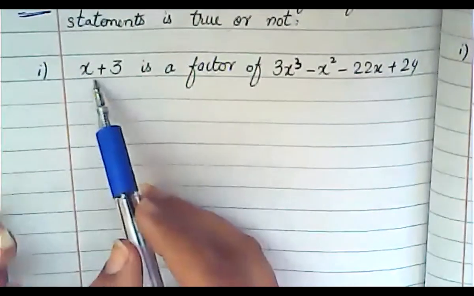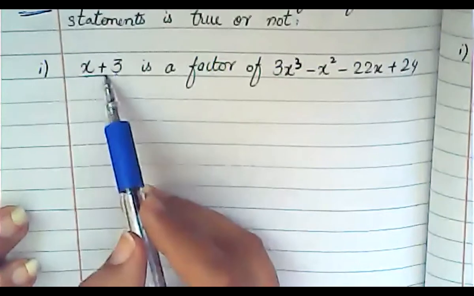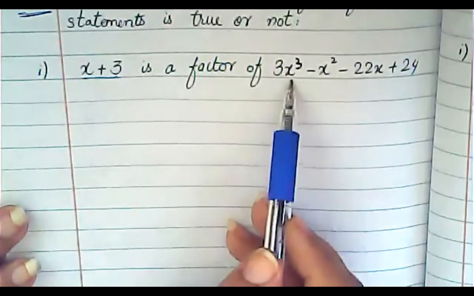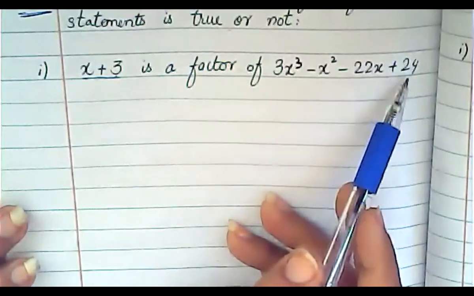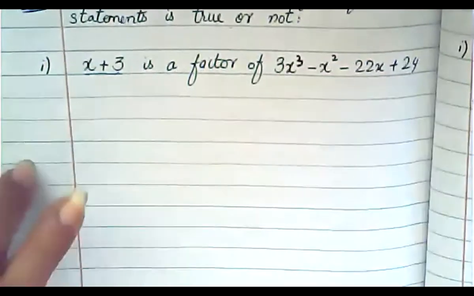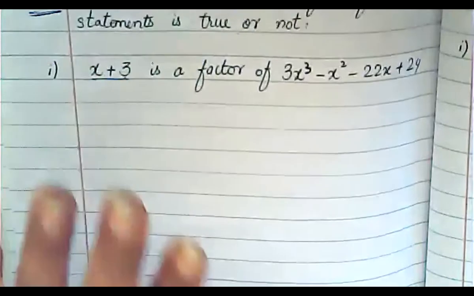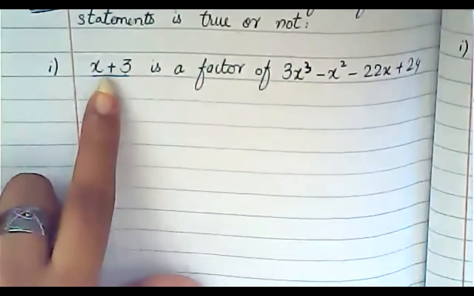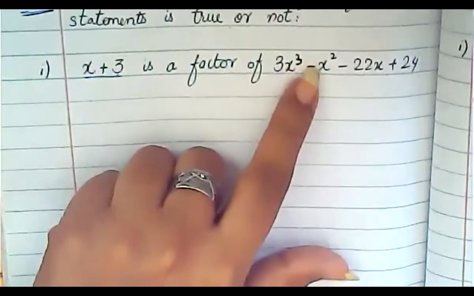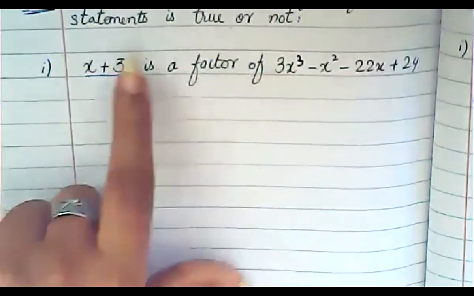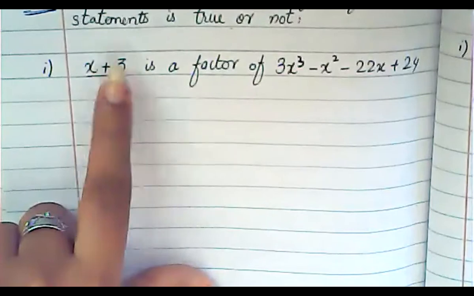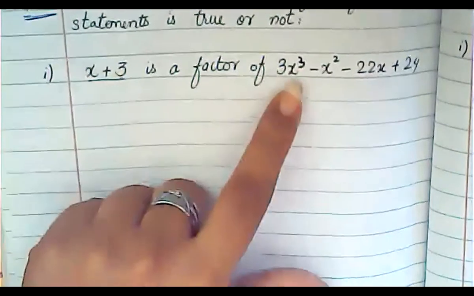The statement is saying that x plus 3 is a factor of 3x cube minus x square minus 22x plus 24. It means you have to find out whether this x plus 3 will completely divide this one without leaving any remainder. If you get a remainder, then obviously this will not be a factor of the given expression.